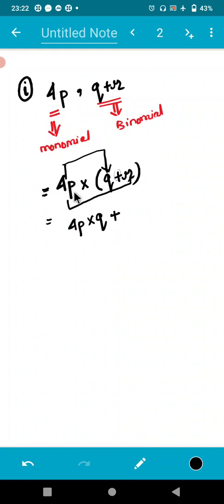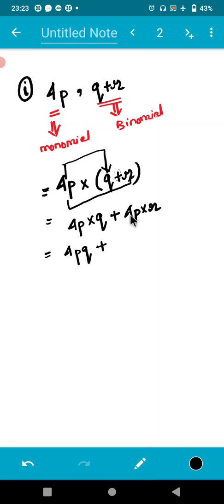Now we will again multiply this 4p with this r. Okay, now what is the product of these two terms? We have only one number, so 4 ones are 4, because q has a numeral coefficient of one. And what is the product of p and q? It will be pq only, isn't it? Now we'll put this plus sign.